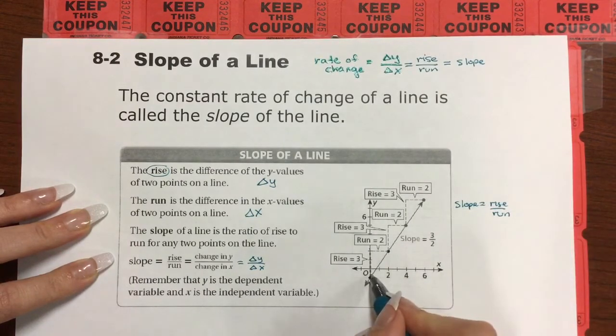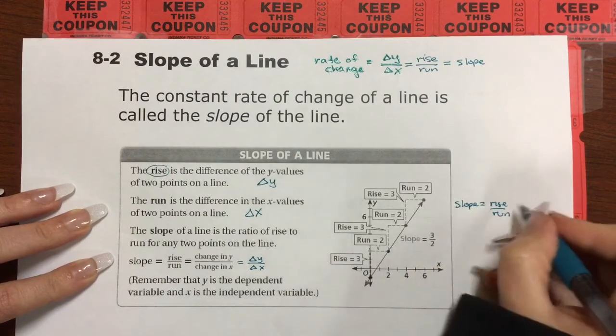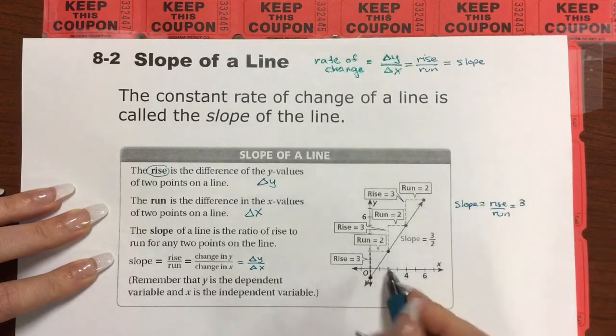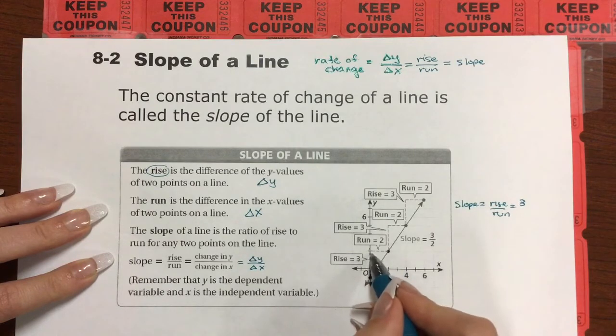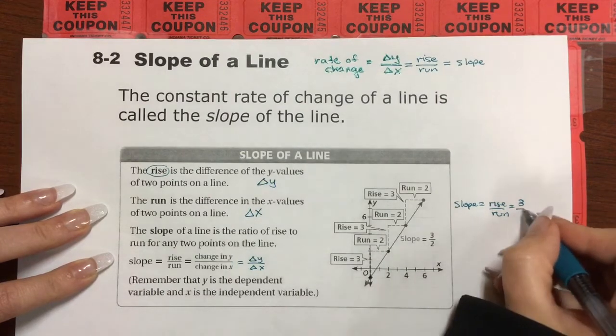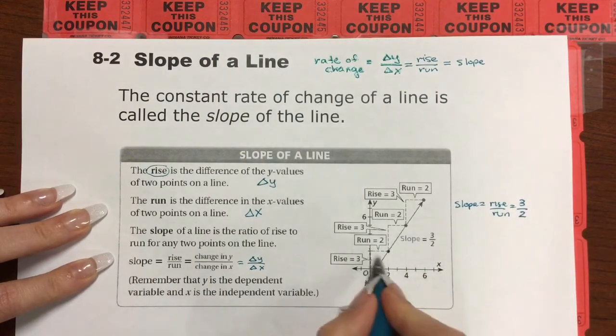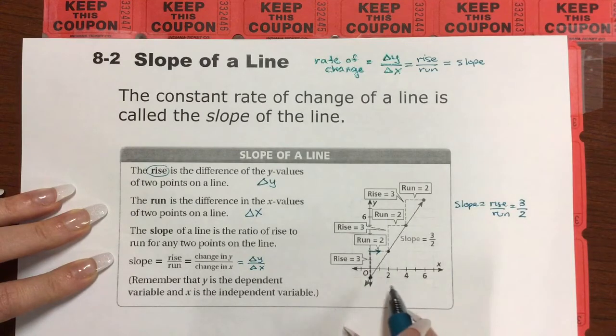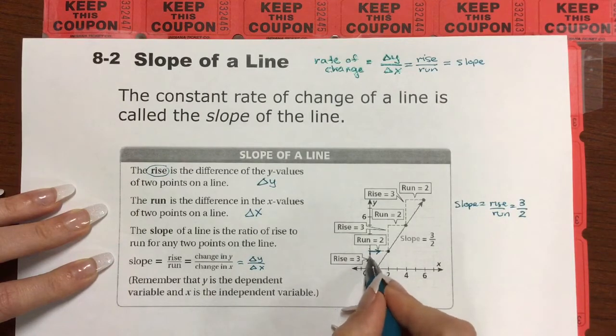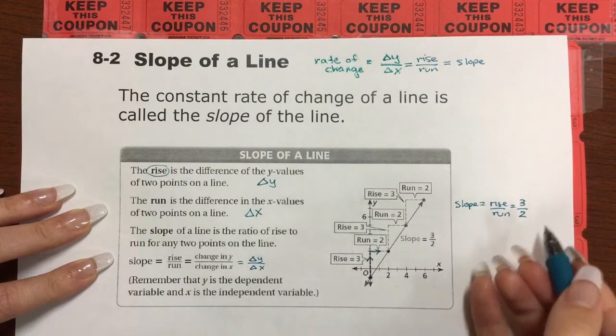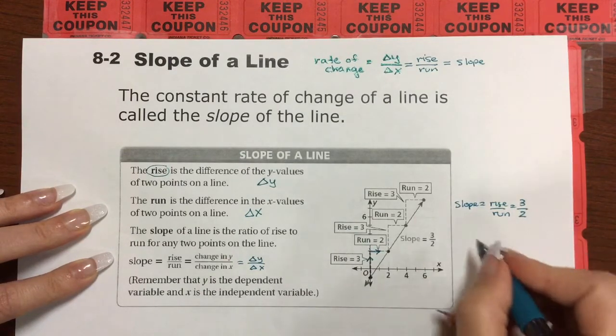It's rising 1, 2, 3, so the rise equals 3. And the run, that's talking about how far it goes from the x values. That would be 1, 2. So the run is 2 units, and we're going this direction, so it's positive, and we're going up, so it's also a positive y. It's a positive y and a positive x. And so that's what the slope is. The slope is 3 over 2.